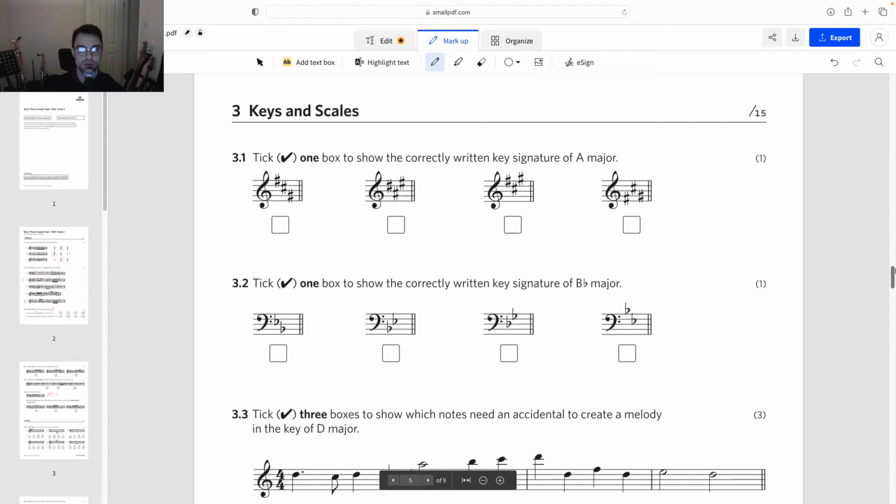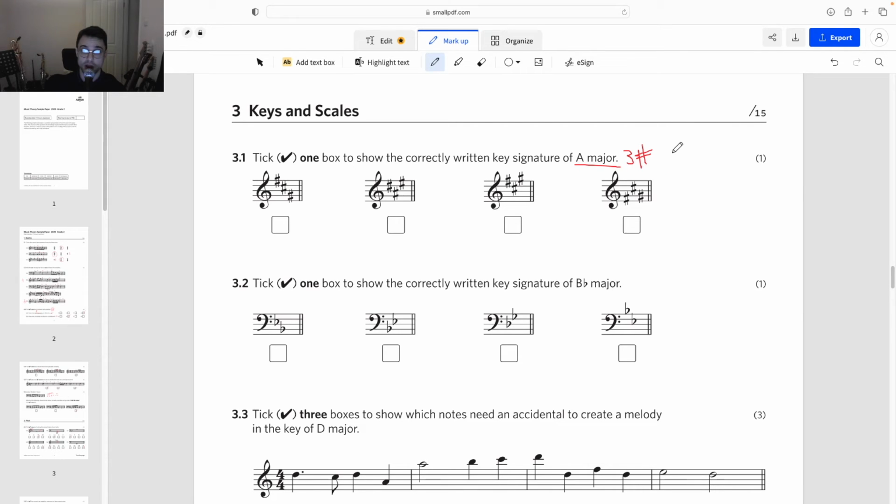Okay, section 3, keys and scales. Tick one box to show the correctly written key signature of A major. All right, so how many sharps in A major? 3 sharps. And what sharps are they?